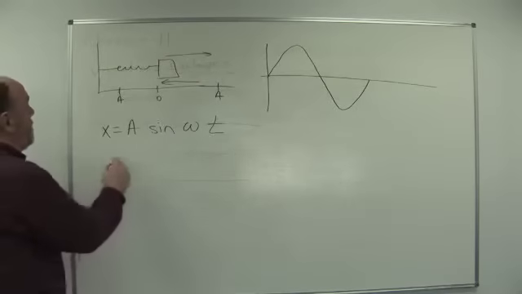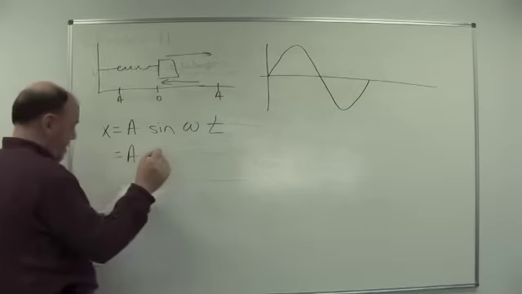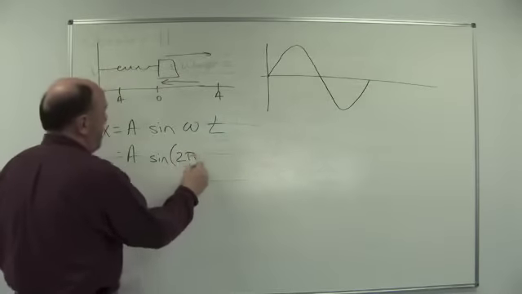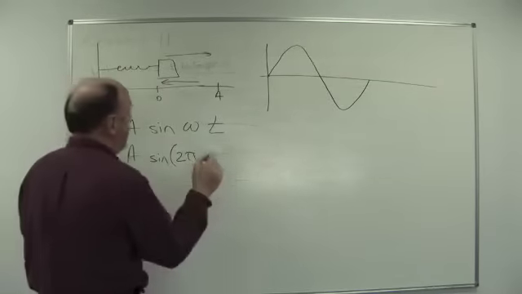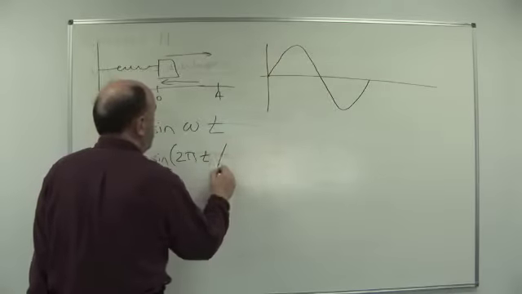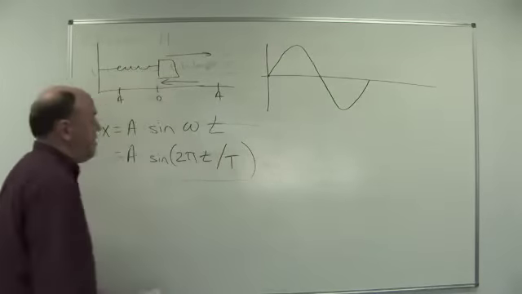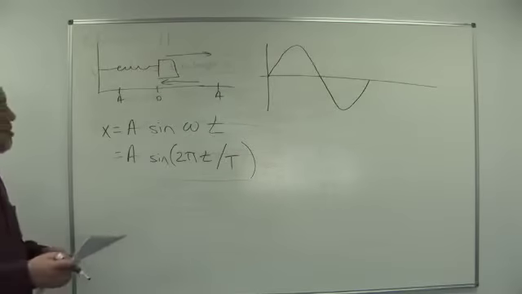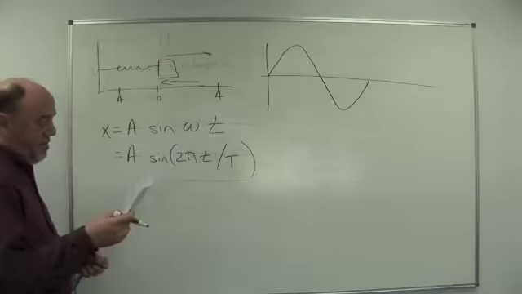We can also say this is A sine 2 pi t over T. Again, big T is the period, little t is the time, and A is the amplitude of my wave.